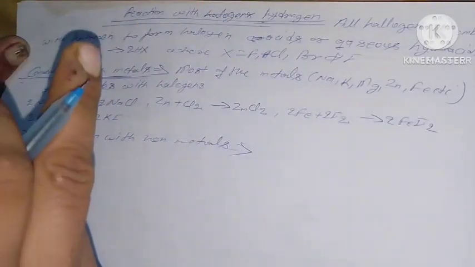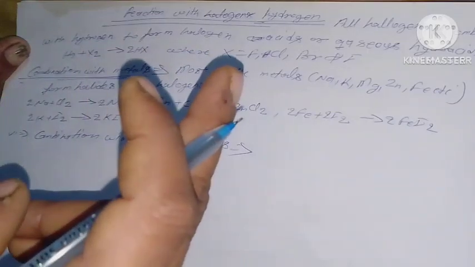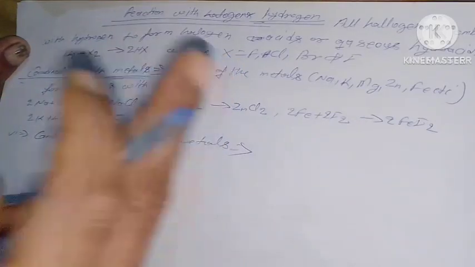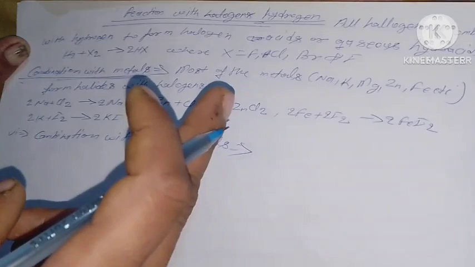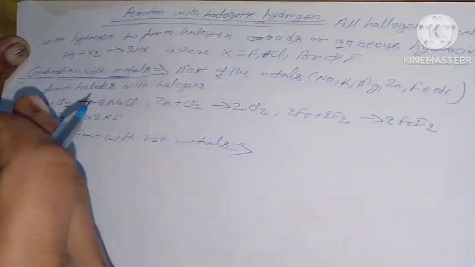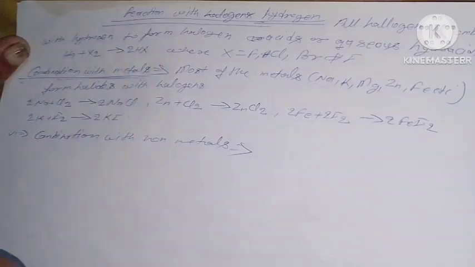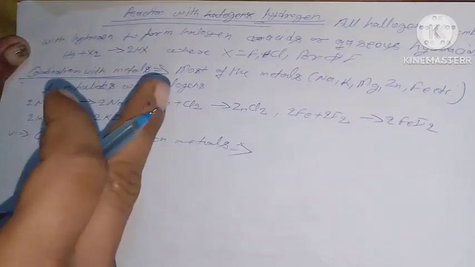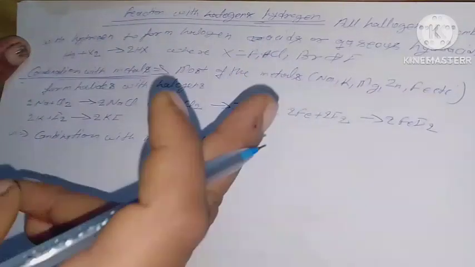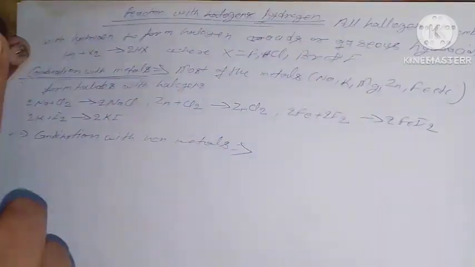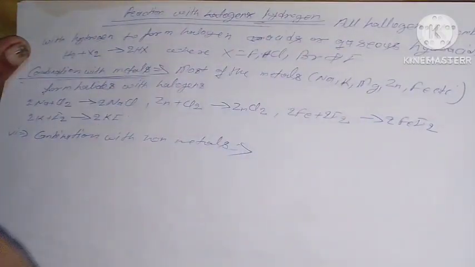Sulfur hexafluoride is an extremely stable halide of sulfur. Phosphorus forms PCl5, PCl3, PBr3. Generally the halides formed by combination of non-metals are covalent in nature.